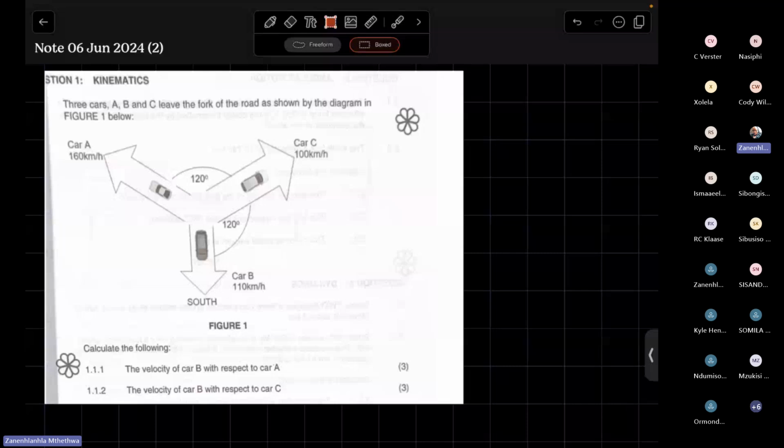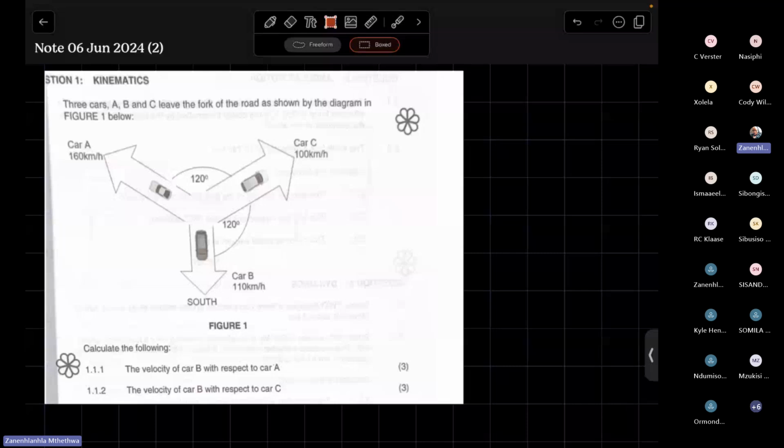So number one, what is relative velocity? Relative velocity is essentially the velocity of one object compared to another. Simple, straightforward. Any and all velocities are essentially relative. If there's a car moving on the road, and you look at your speedometer and the car is moving at 100 kilometers per hour, that car is actually moving at 100 kilometers per hour relative to the ground.